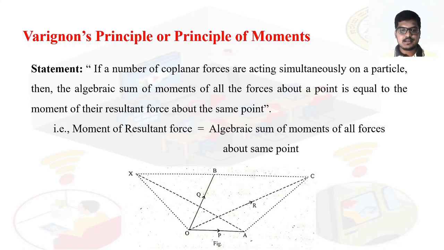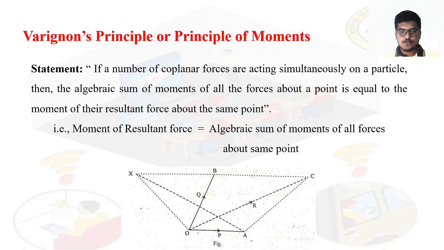Now, see, this is the figure. With this figure, we prove that the moment of the resultant force is equal to the algebraic sum of the moments of all the forces about the same point. See here, the force P is there and the force Q is there. OABC is the parallelogram.